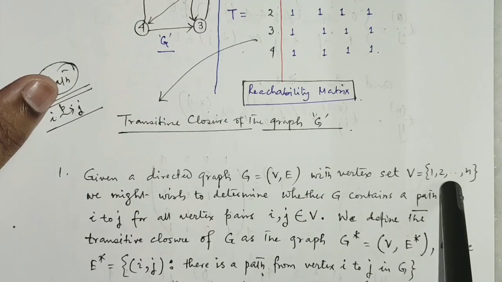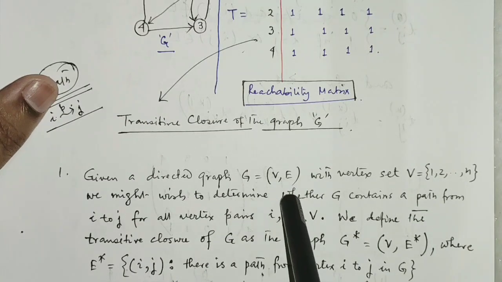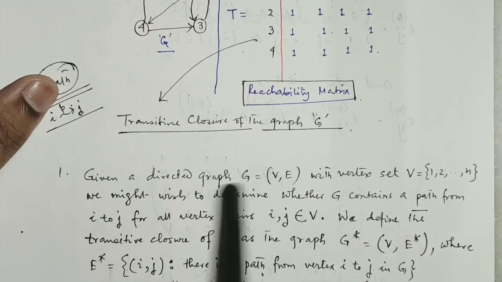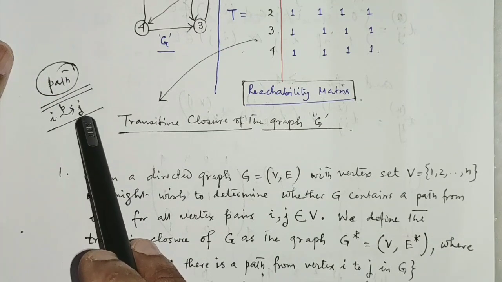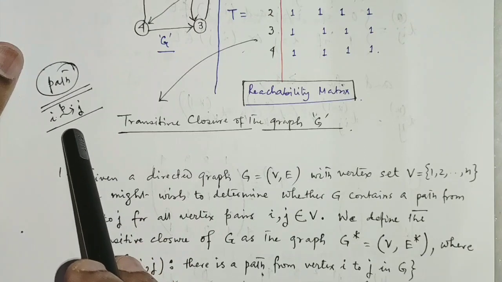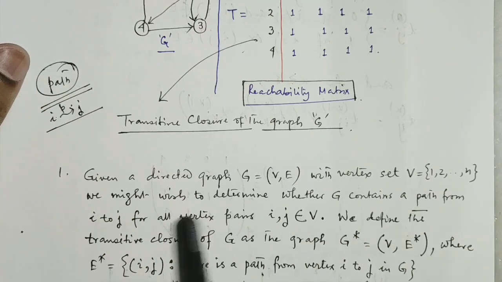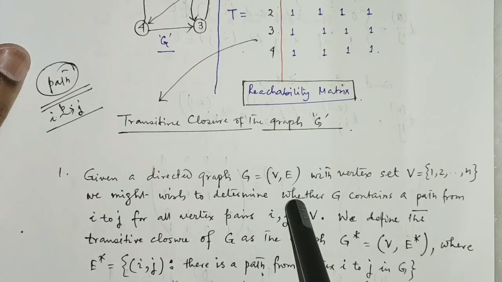That means vertex numbers are given as 1, 2, 3 up to n. So we might wish to determine whether G contains a path from I to J, because you have to verify whether there is a path from I to J. That means for a pair of vertices, is there any path existing between these two vertices. So, whether G contains a path from I to J for all vertex pairs I, J belonging to V.